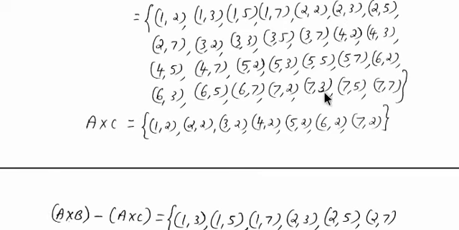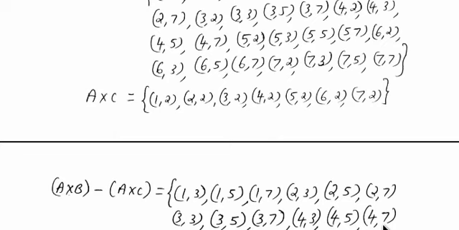Then 2, 3, then 2, 5, 2, 7. 3, 3 can be taken. 3, 5 can be taken. 4, 2 cancelled, we cannot take it. Then 4, 3, then 4, 5, 4, 7 can be taken.